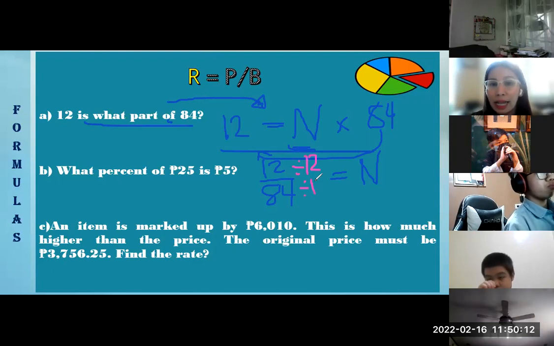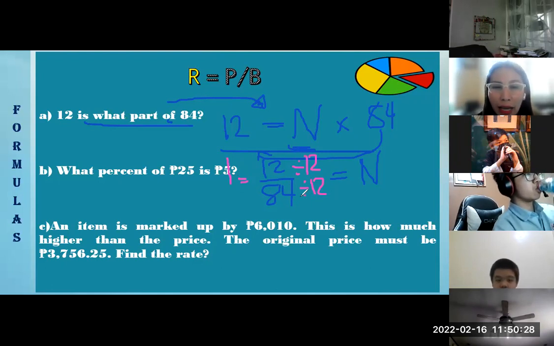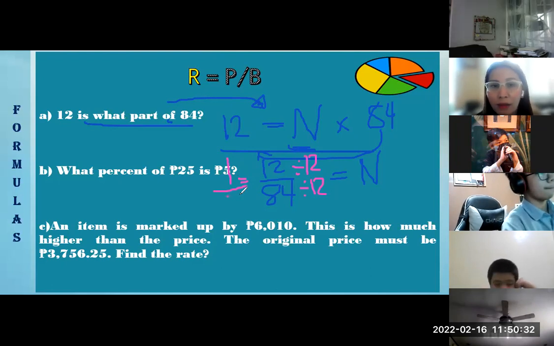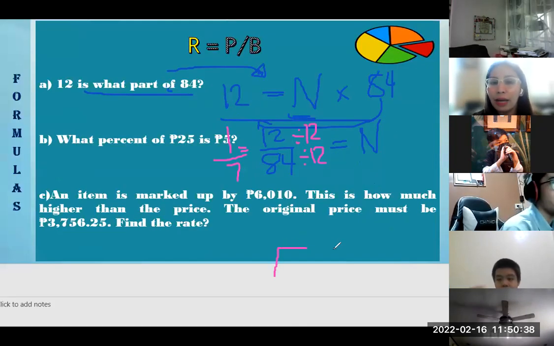Pwede rin 6, class. Pwede rin 6, pwede rin 2. You can use any. Pero the greatest is 12. So 12 divided by 12, we have 1. And 84, let's divide it by 12 then is 7. 1 over 7, and then divide na natin 1.